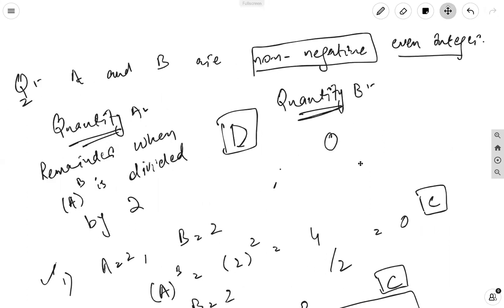I told you this earlier. The point is non-negative. If the term is not mentioned as non-negative, then you have to consider -2, -4, the negative even integers as well. But here the question clearly states that these are non-negative even integers.